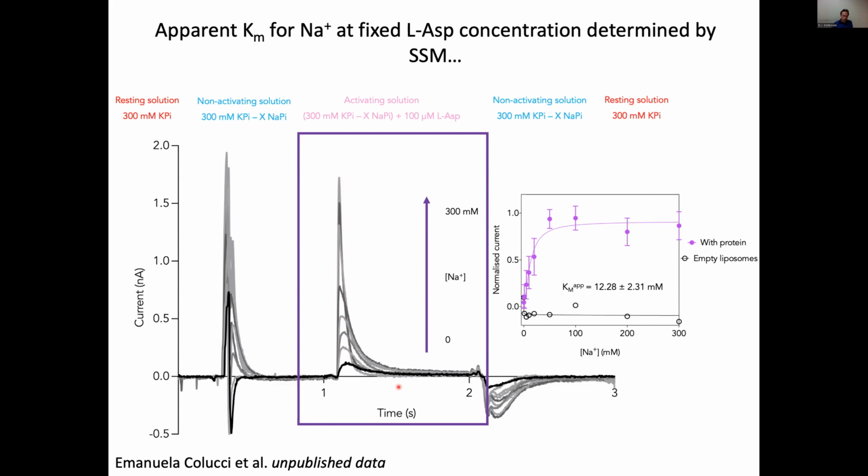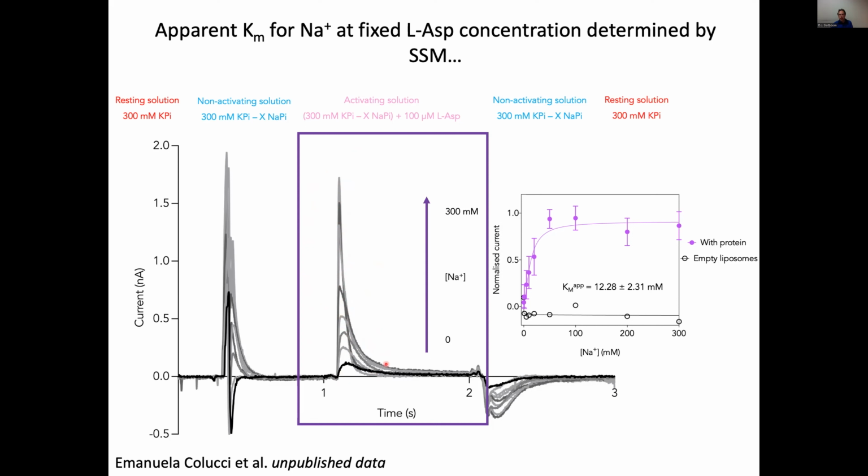And there are multiple ways that you can interpret this data, but one of them is that because of the very low affinity for sodium binding to the apoprotein, when you are at low sodium ion concentrations, you have not saturated the transporter yet with sodium, and then the transport gets much slower because, of course, you have primed some of the binding sites for aspartate binding, but many of the binding sites then first need to go through a conformational change upon sodium binding. Whereas with the very high sodium concentrations, you don't have this, and you get different kinetics. We interpret it this way now, but we are not completely sure about it yet.